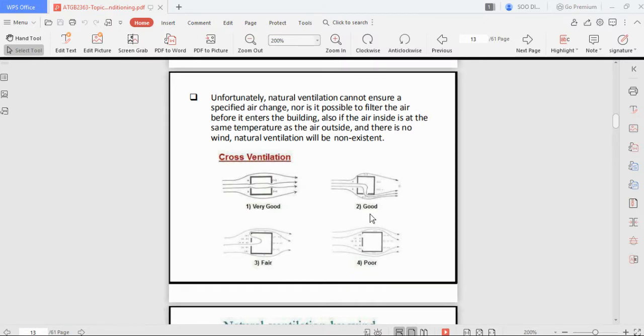But if you make the window like in 2 and 3, it will still be good, but only for 2. You want to avoid cases 3 and 4 because you only have an opening on one side.